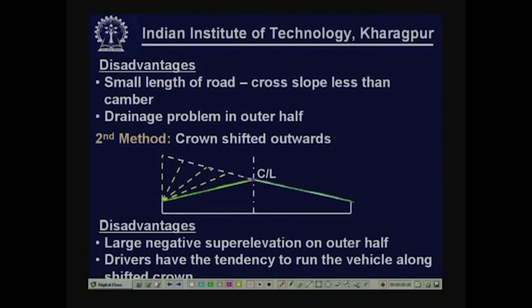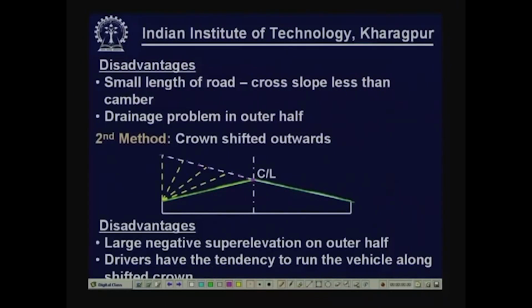This again is done over a length of the road. Gradually the crown is shifted, and then end of the day we again get uniform cross slope for the outer edge as well as for the inner edge, equal to the required camber.